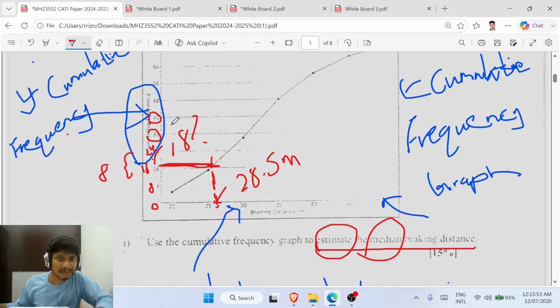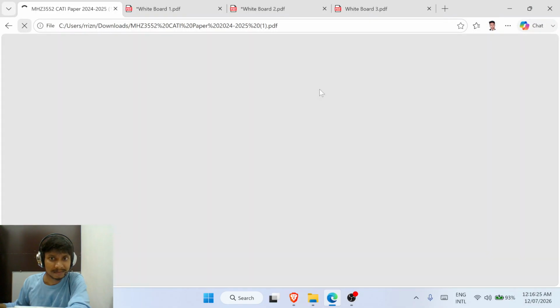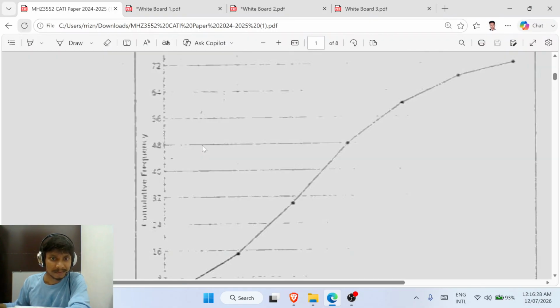Therefore, the 36th will be between 32 and 40, in the middle.